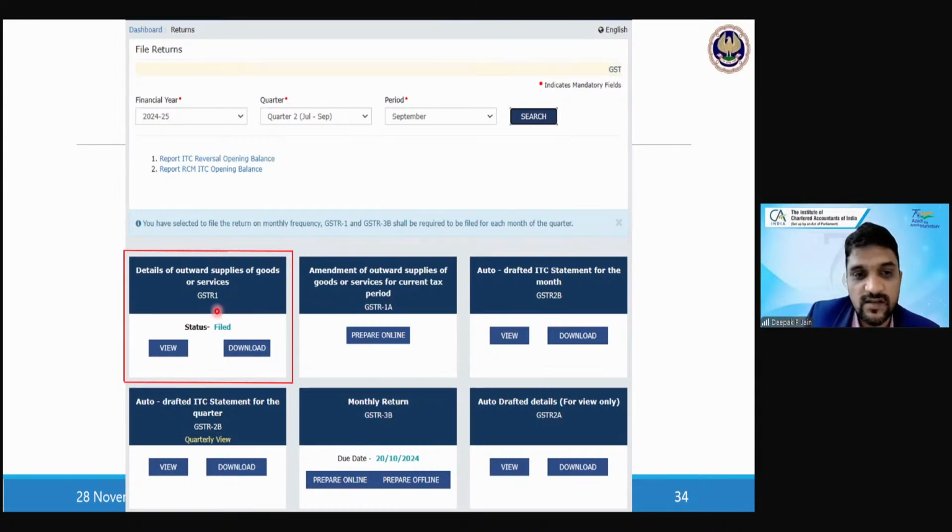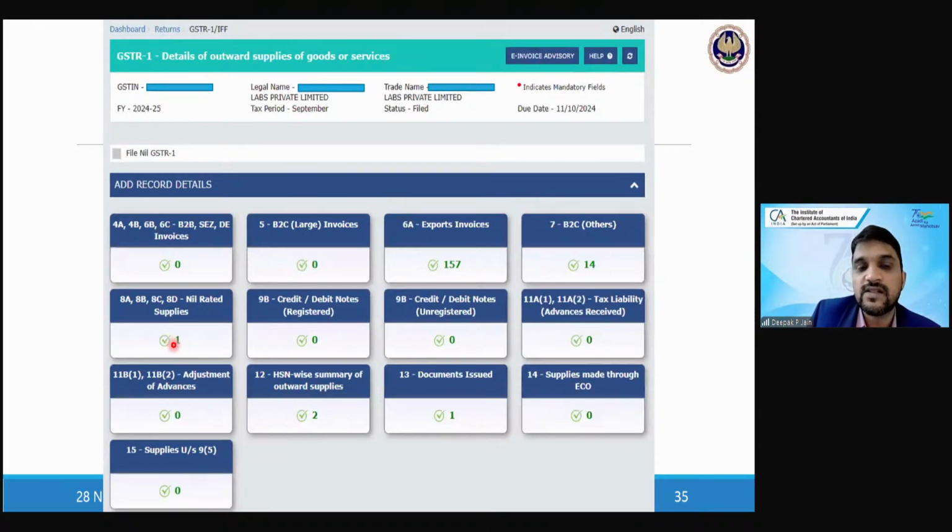Now we'll explore this. Once I click on view of GSTR1, what will appear? You will get a GSTR1 filing facility, wherein you will have to mention the details of outward supply of goods or services. We'll only mention the outward supply of goods or services. We'll start with all this B2B, SEZ, these invoices.